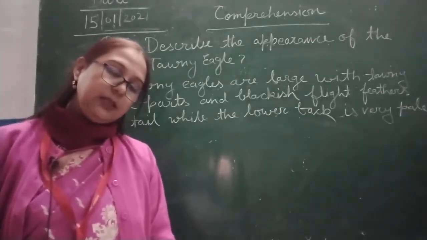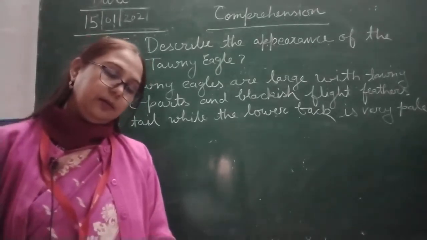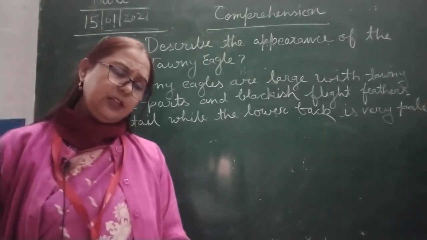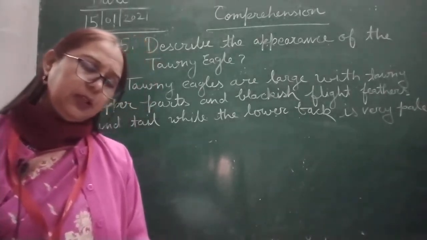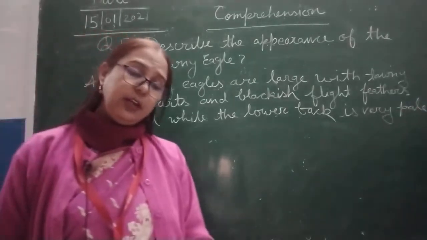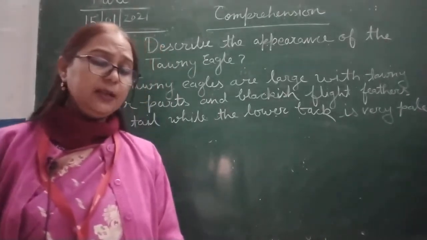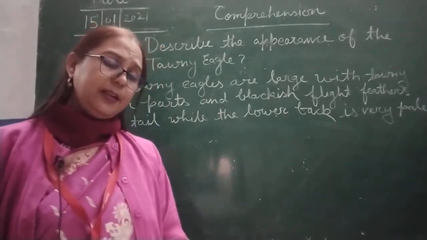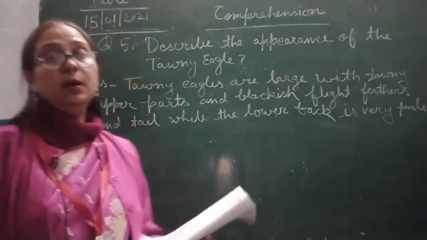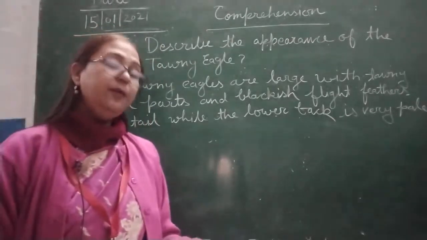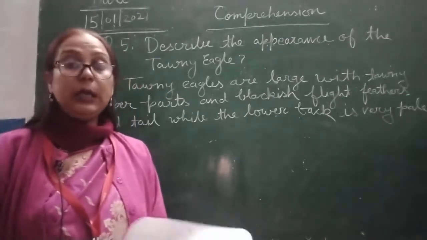So many things are written in this paragraph. So these eagles are large with tawny upper parts and blackish flight feathers and tail, whereas the lower back is very pale. So here we have done the appearance of tawny eagles.